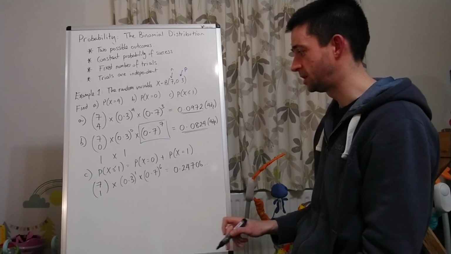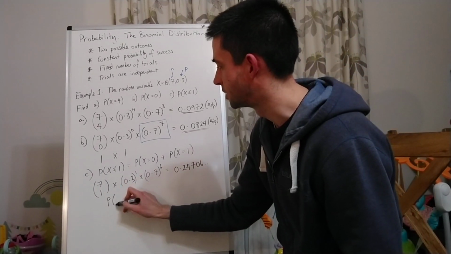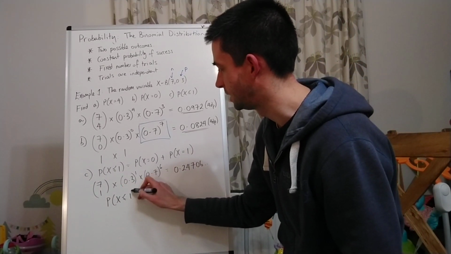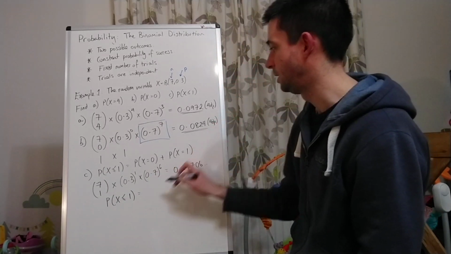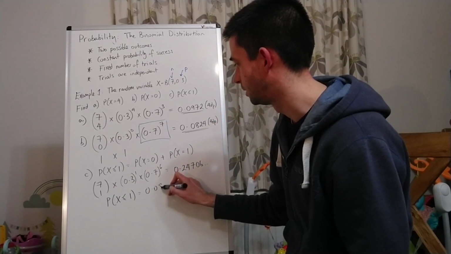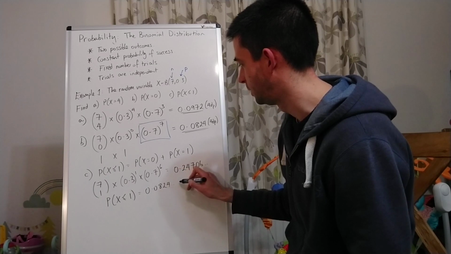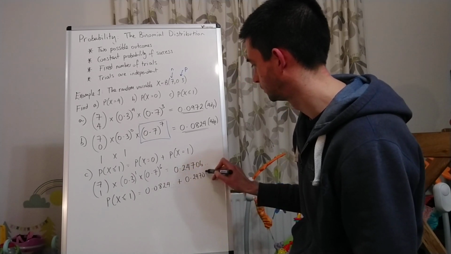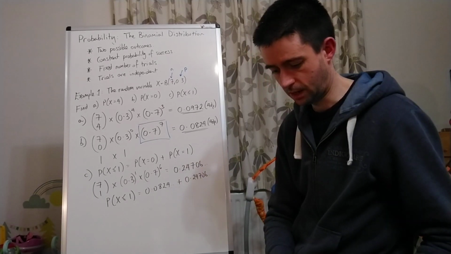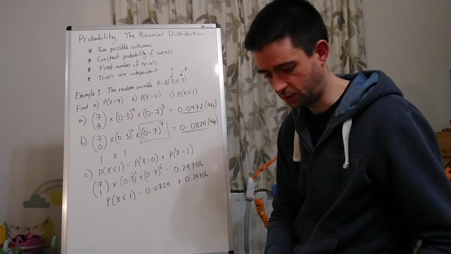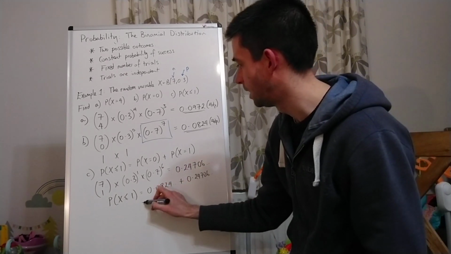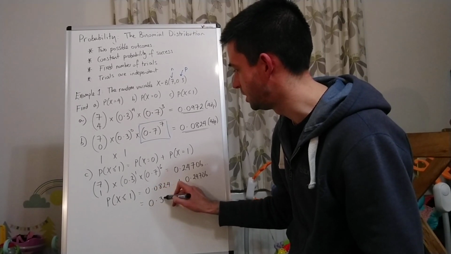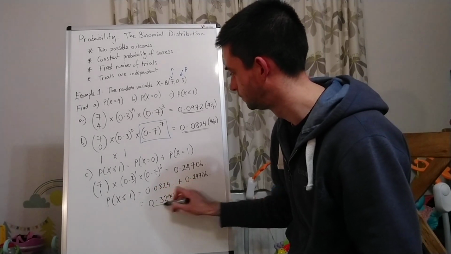I'm actually not going to round it at this stage because I'm now going to say that the probability that x is less than or equal to 1 is my stored answer that I've got from before plus this answer here, and rounding that to 4 decimal places we get 0.3294.